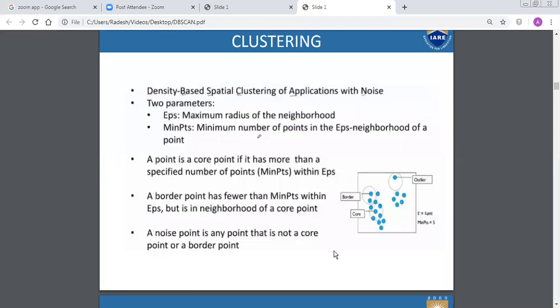So the 2 parameters are the first one EPS, the maximum radius of the neighborhood we are going to select, and the minimum points, the minimum number of points in the EPS neighborhood of a point.